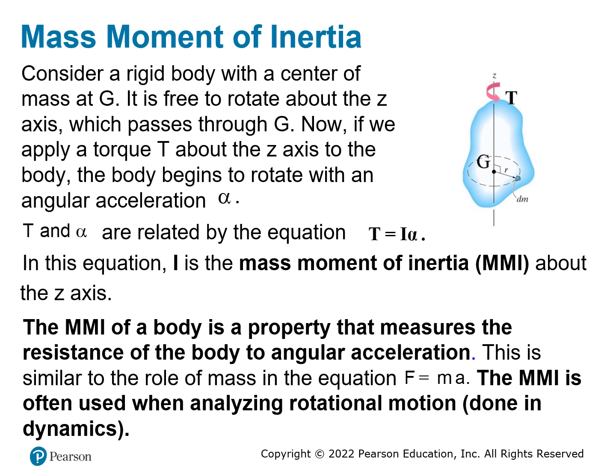So let's think about the mass moment of inertia. If you have a body right here and it's rotating, and we want to know how easy or how hard it is to rotate, then when you calculate this I, it is just like an inertia.